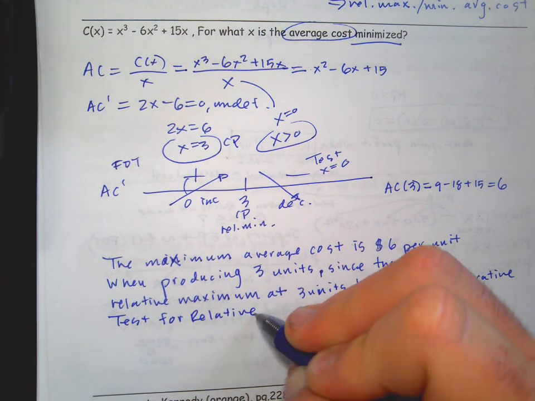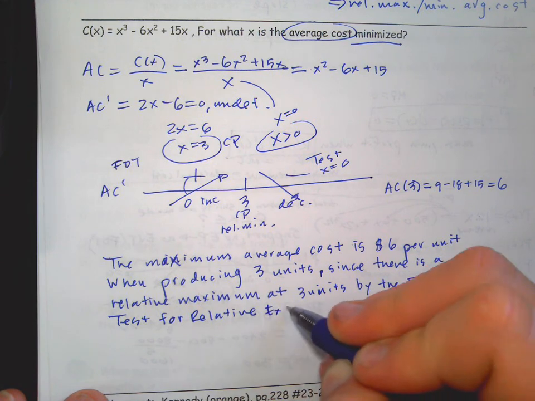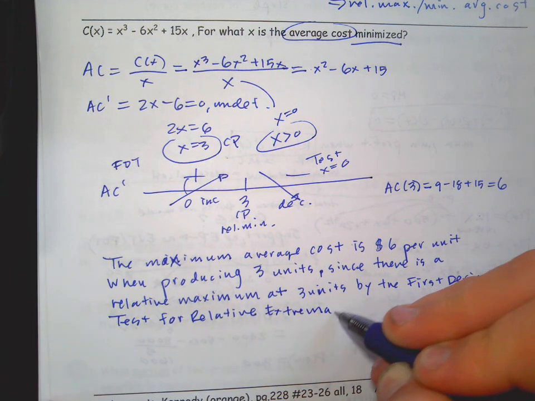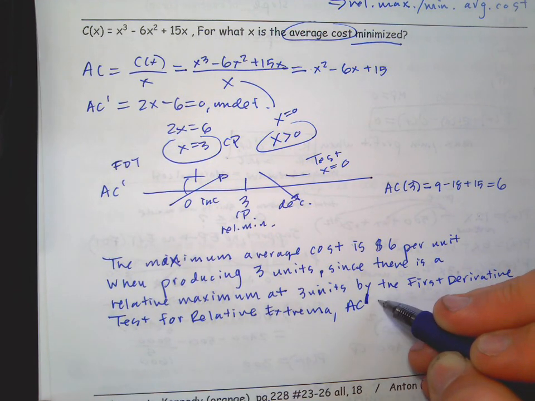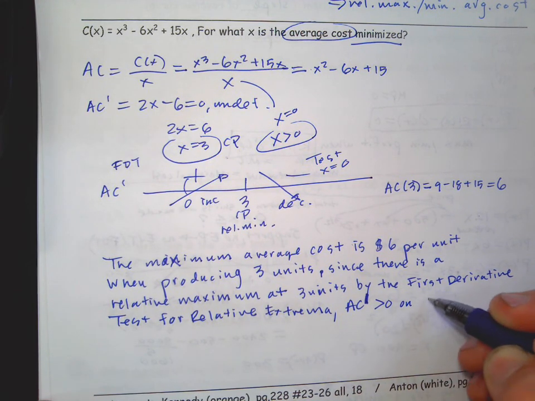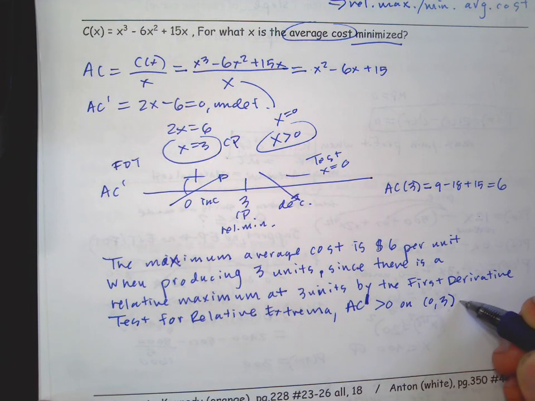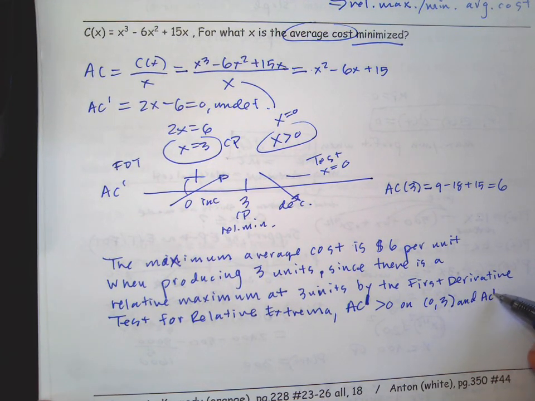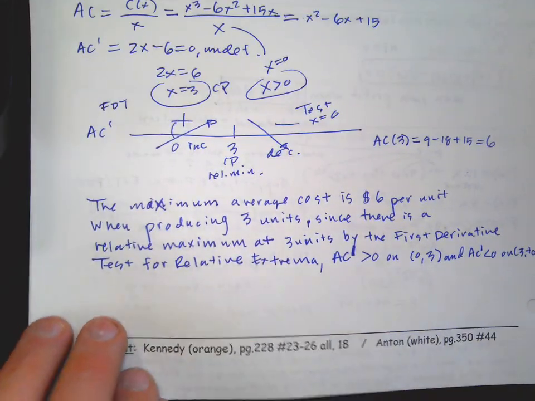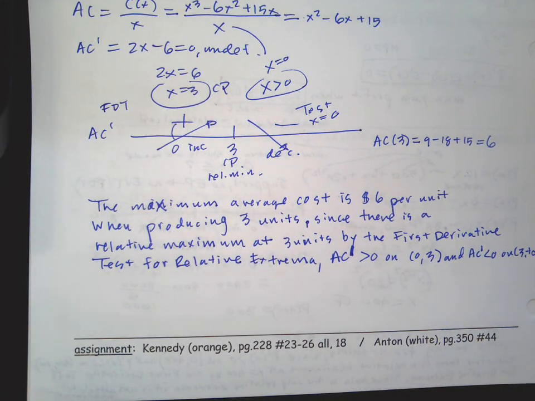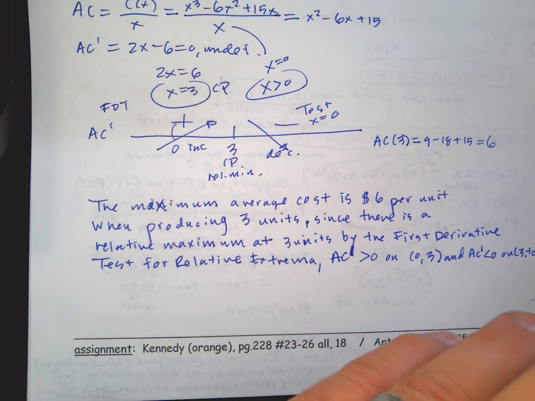You got to tell us how it works. So you would say, well, AC prime is positive on the interval 0 to 3, and AC prime is negative on the interval 3 to positive infinity. So therefore, that's why it's a relative maximum. And then you'd have to say, well, it's the only absolute max. So it's the only relative.